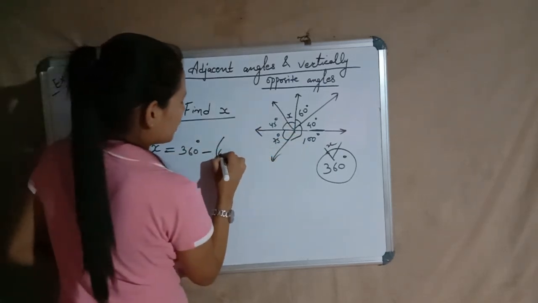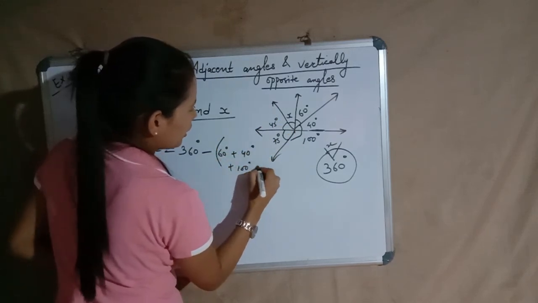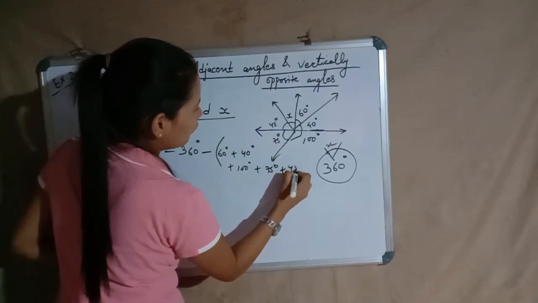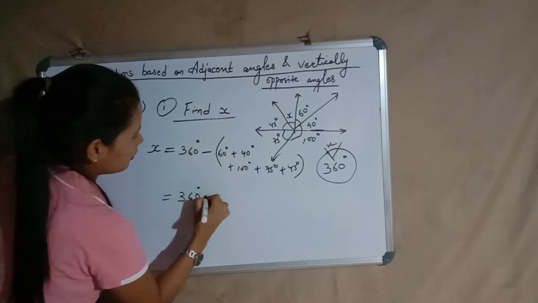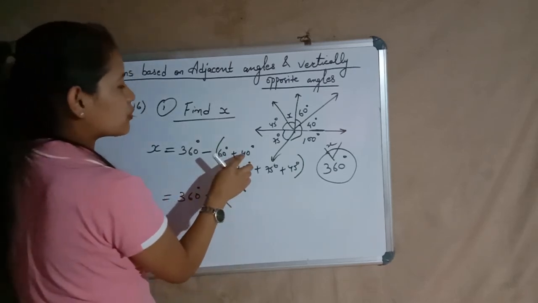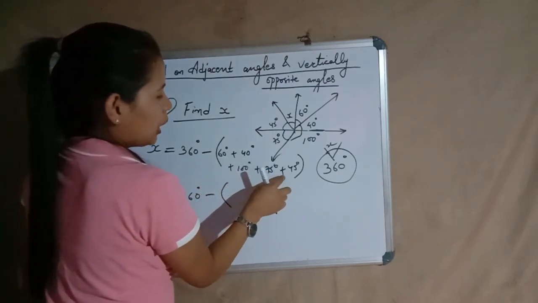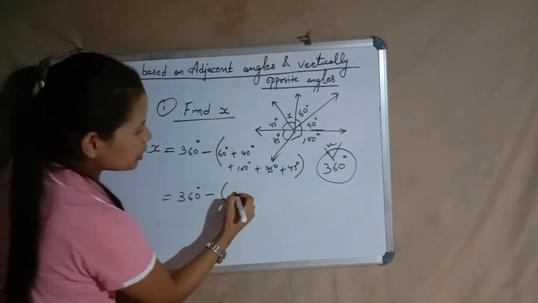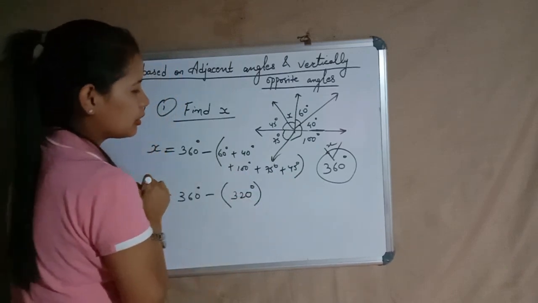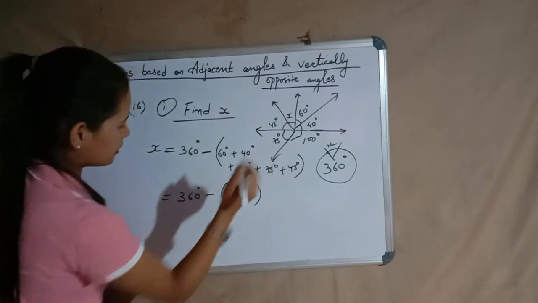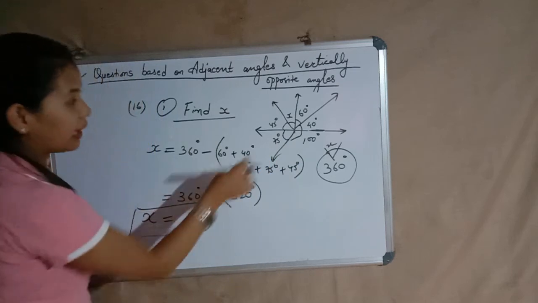That is 360 minus (60 plus 40 plus 100 plus 75 plus 45) degrees. Let us add this: 60 plus 40 is 100, 100 plus 100 is 200, 200 plus 75 plus 45 is 320. So this will be equal to 40 degrees. We have got the value of x.